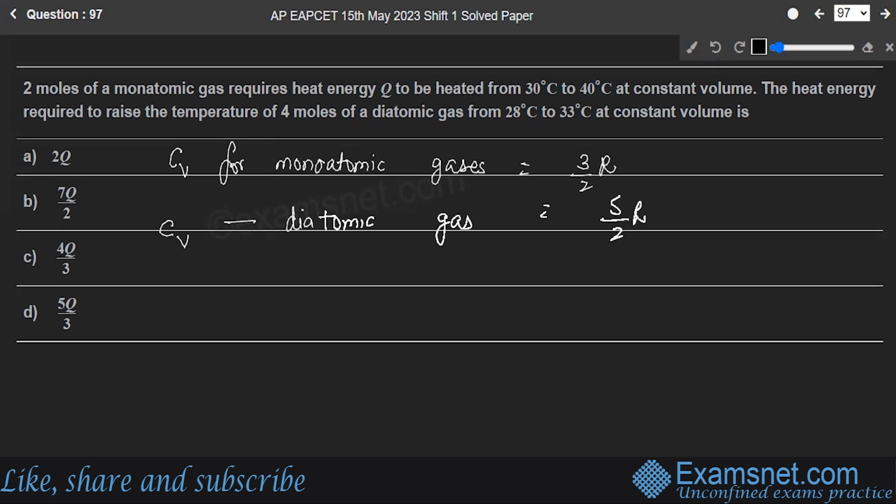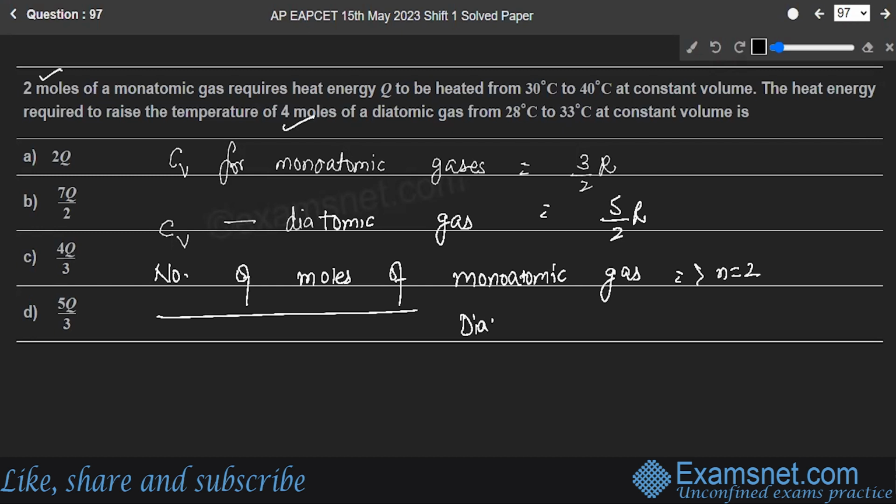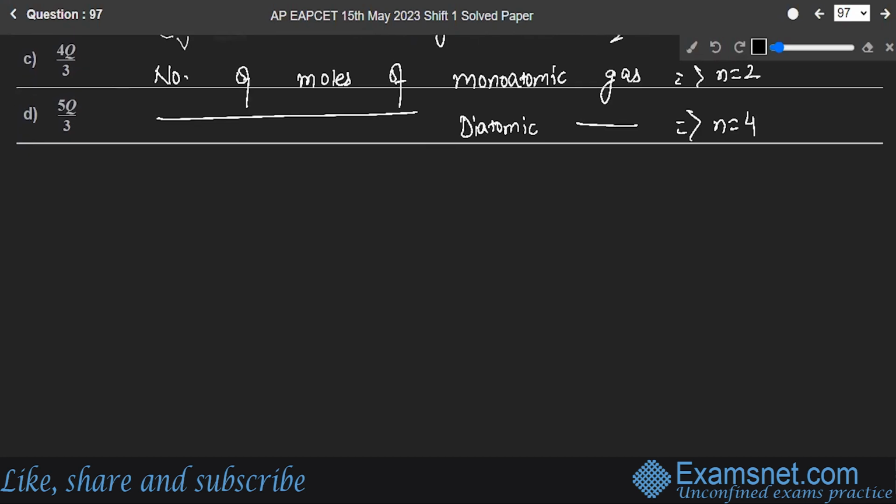The number of moles of the monoatomic gas is 2, and the number of moles of the diatomic gas is given to you as 4 moles.